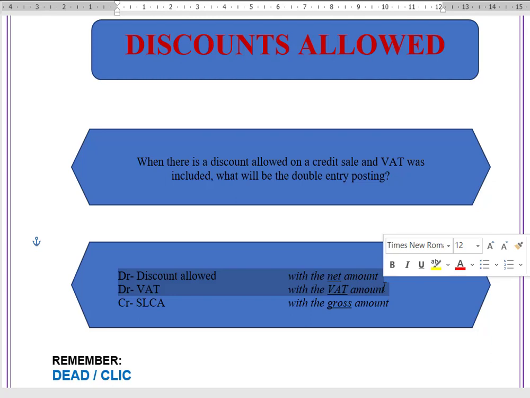But you know that it's not a part payment that was given to you. They have paid you technically the full amount, everything. It's just that you offered them a discount and they are utilizing that discount now. So it means that that discount that has been taken up by your customer needs to be removed from the debtor's account because they are no longer owing you that amount.